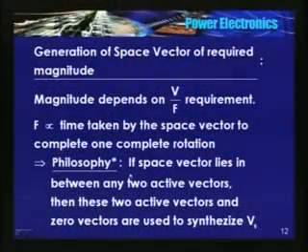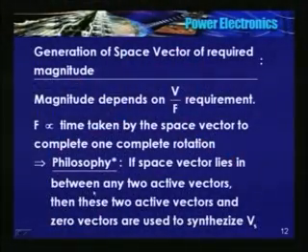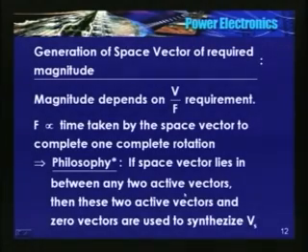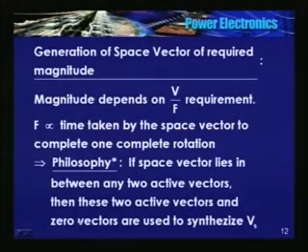So here is the philosophy of the space vector PWM technique. What it says is, if the space vector lies in between any 2 vectors, you need to use only these 2 active vectors and the 0 vector to synthesize the space vector of required magnitude.